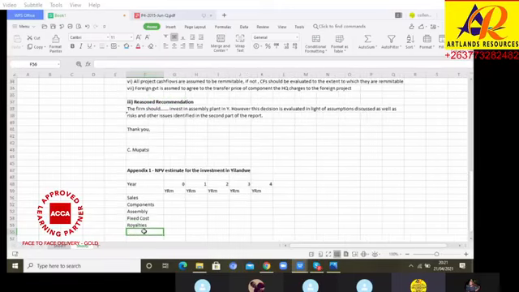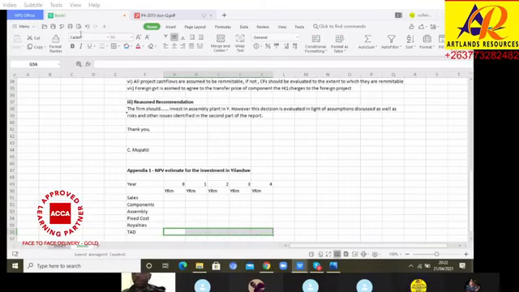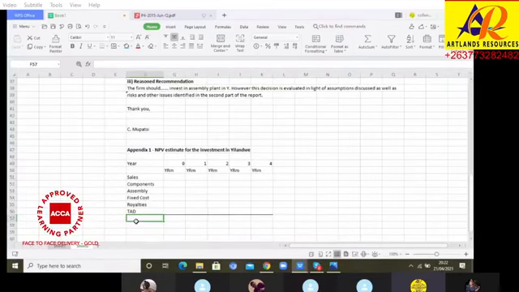And then you say tax allowable depreciation. This we have already calculated as 4.5. Then you say taxable income. Then there is tax at, in the first year it's 0%.